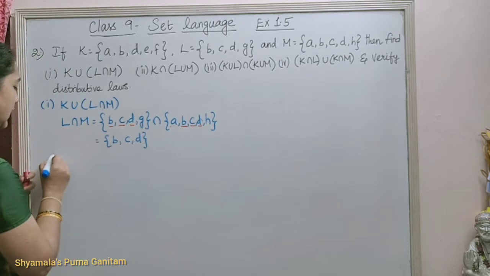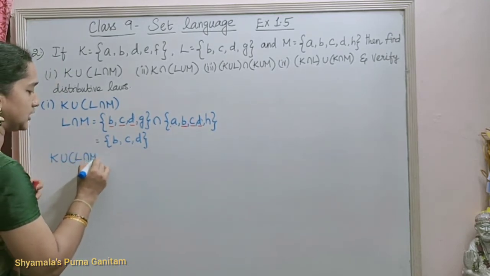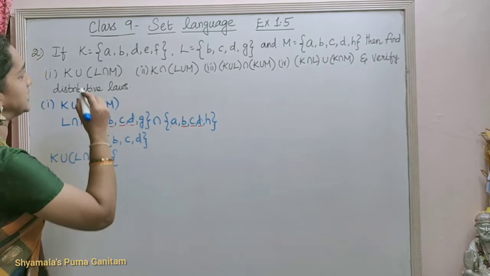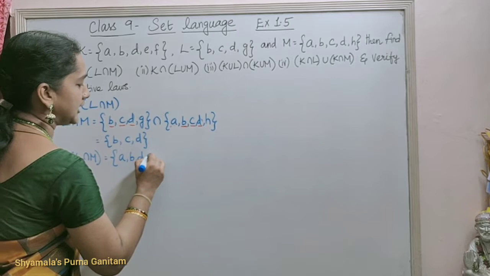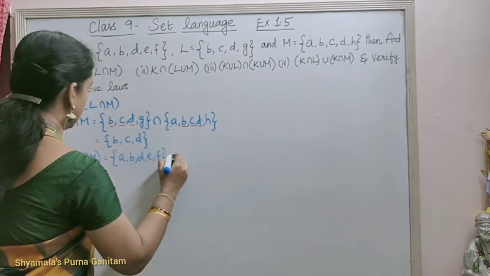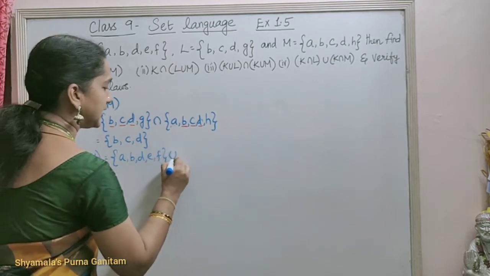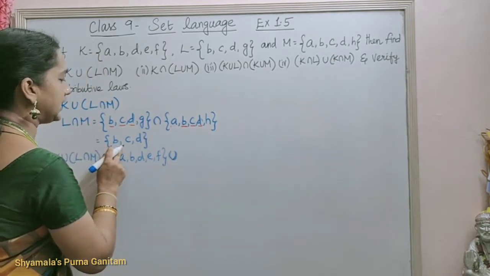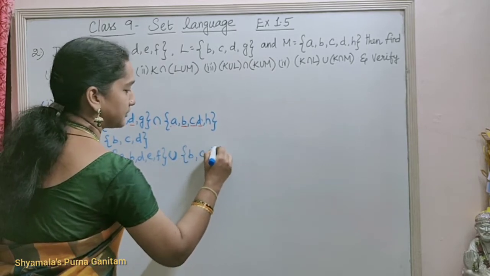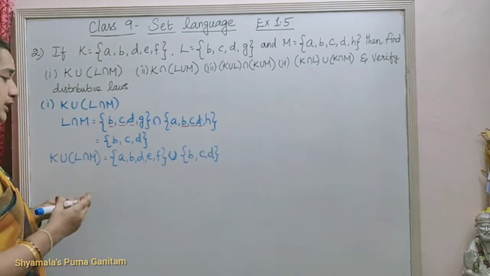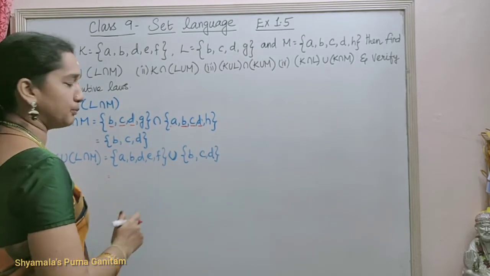Now we will find the answer for K union L intersection M. The set of elements in K are A, B, D, E and F, union L intersection M, where L intersection M is B, C, D. We are asked to find the union of both the sets.